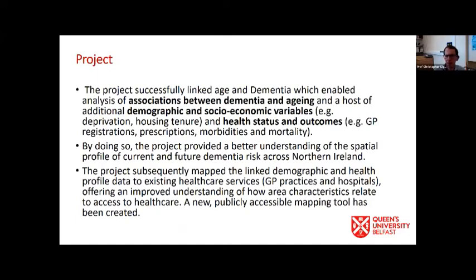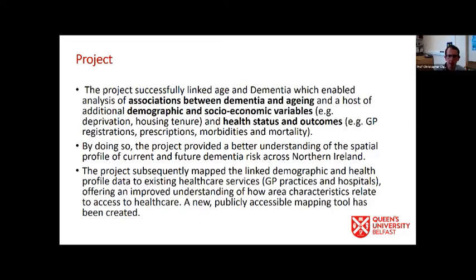Then also things like housing tenure and a variety of others. And then also health status and outcomes. So using GP registration data, for example, you could potentially link in other data on prescriptions and so forth. So what we've hoped that we've been able to do, and that we hope to do even better in the future, is to better understand something about the geography of dementia, or at least dementia risk across Northern Ireland.